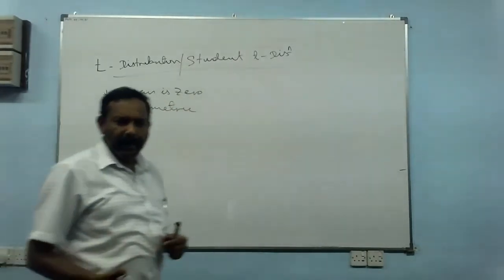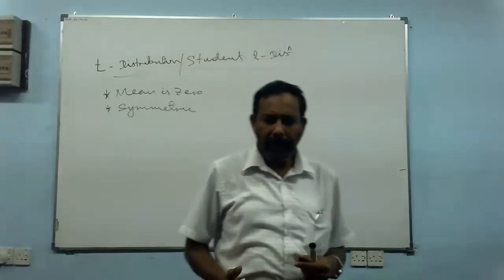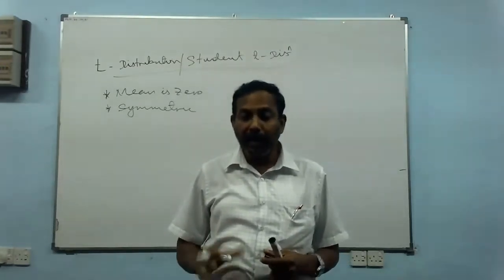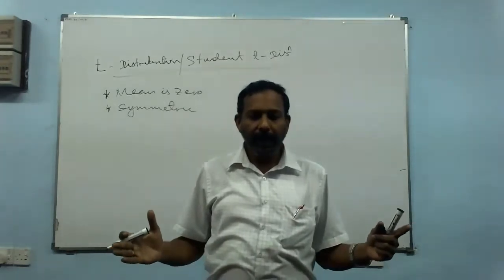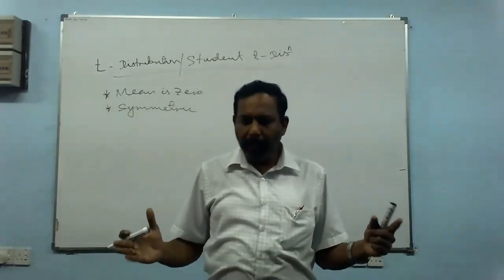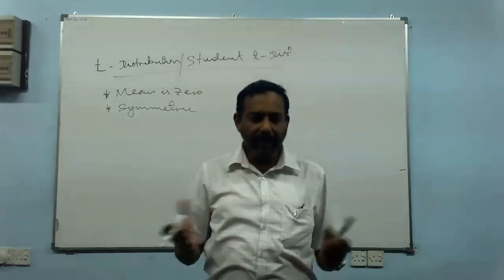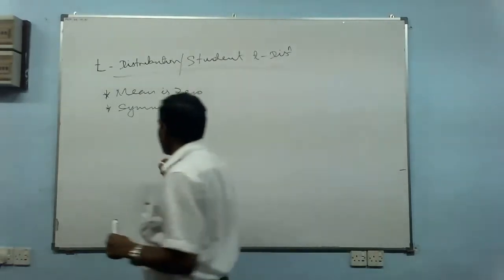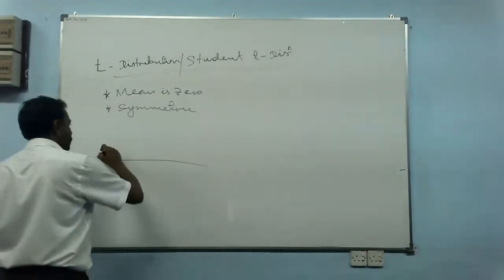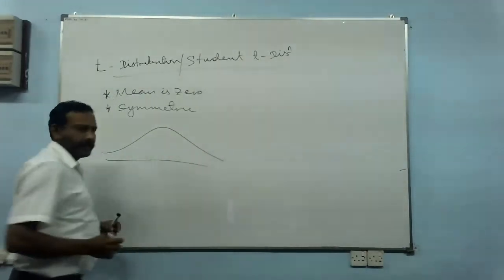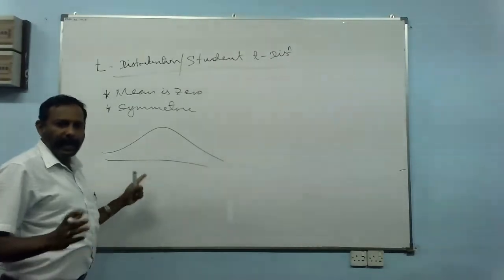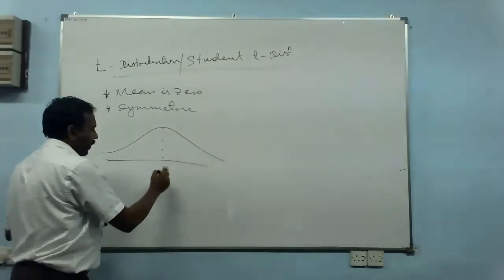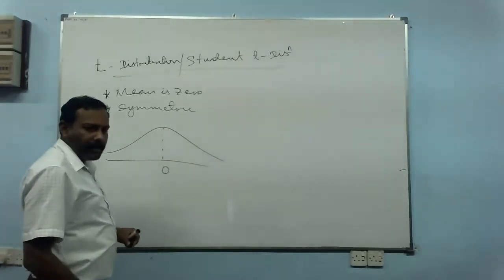It is symmetric. The other characteristics, as the normal distribution says, what are they? Bell shape. We said bell shape. Here it is not quite bell shape. So the T distribution looks like this. So the mean value is 0.